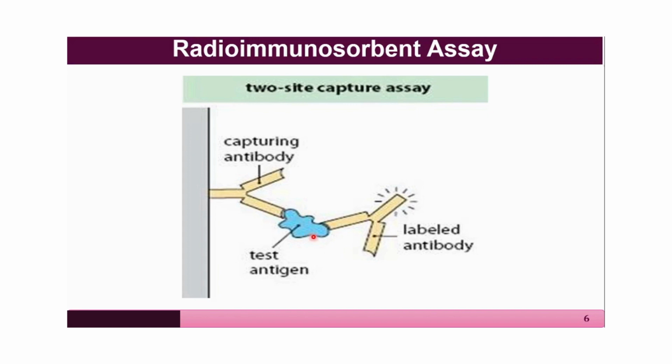After the wash, you add the secondary antibody, which is raised in an animal against that antigen, and that secondary antibody is labeled with radioisotope. On adding that secondary antibody, if the antigen is already bound to the primary antibody available in the wells, the secondary antibody also will bind to that antigen.